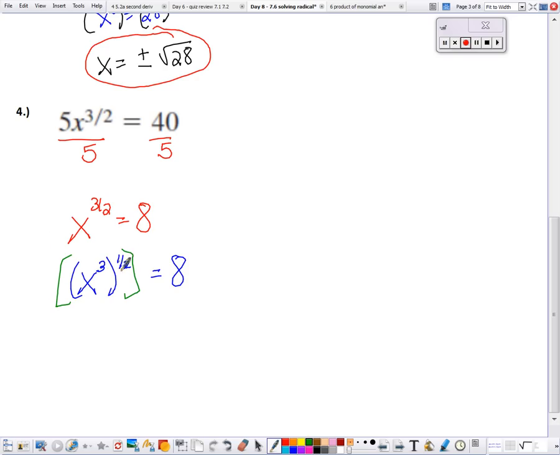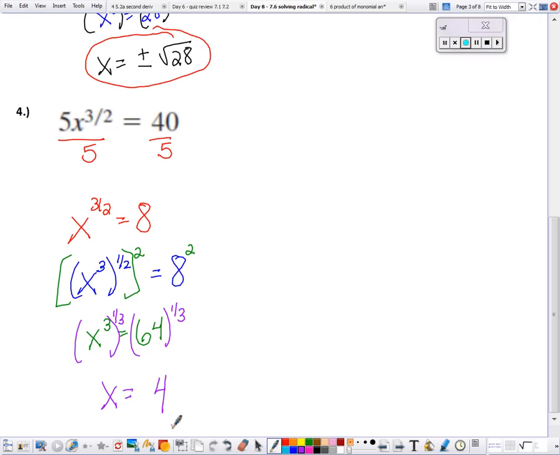So to eliminate the 1/2, I'm going to square both sides. And I get x to the third is 64. Now to eliminate the third power, I'm going to use a radical. We get x is 4.